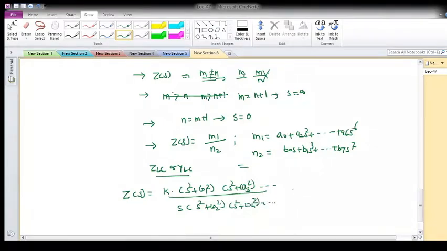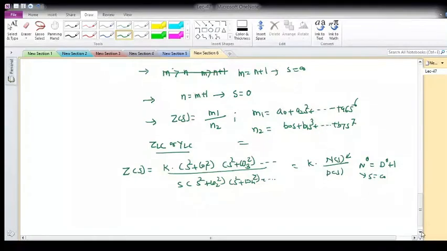This can be generalized as a numerator polynomial by a denominator polynomial, where the degree of the numerator will be equal to the degree of the denominator plus 1. That means the function has a pole at infinity.